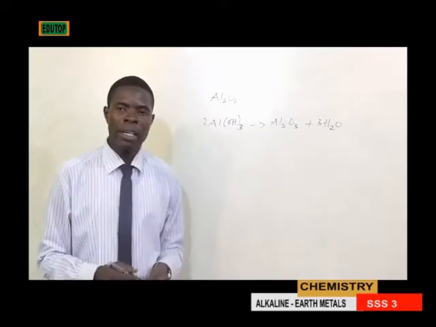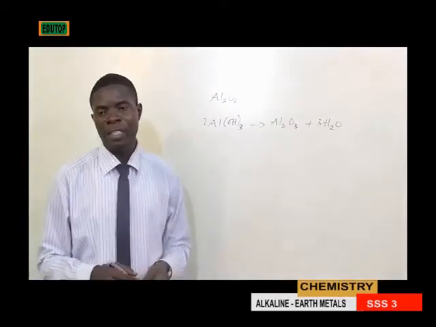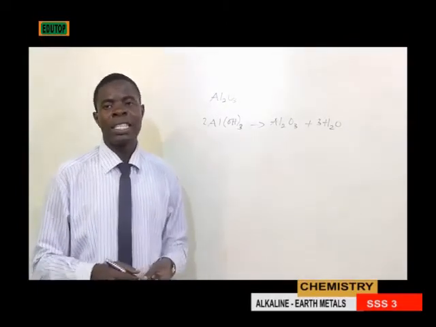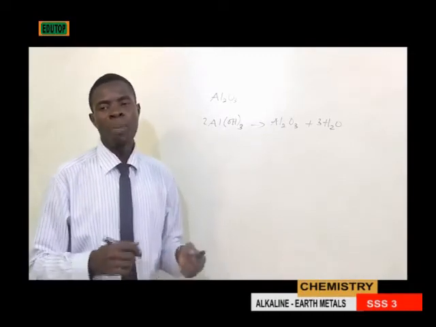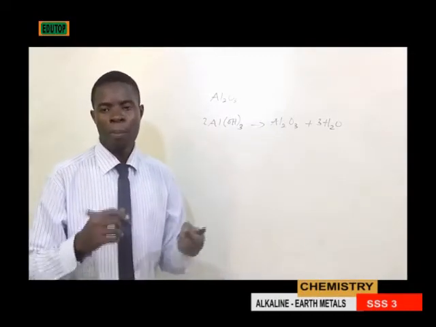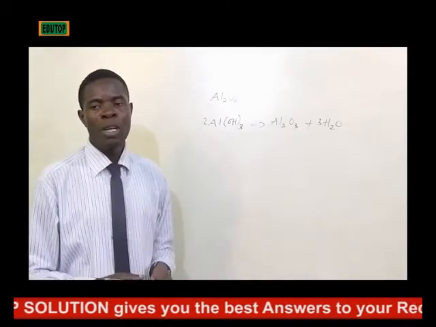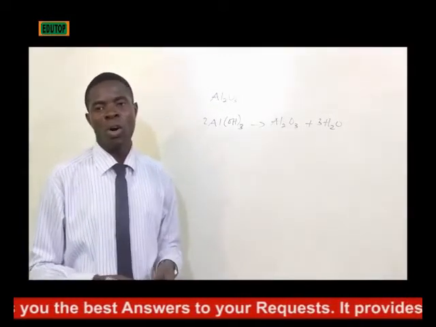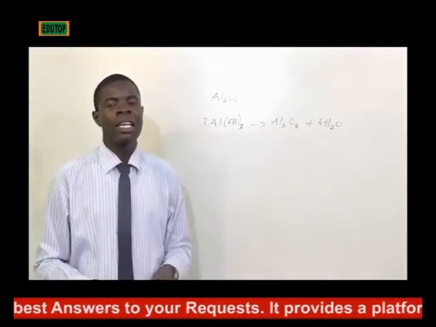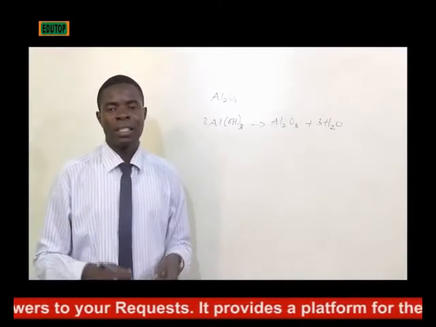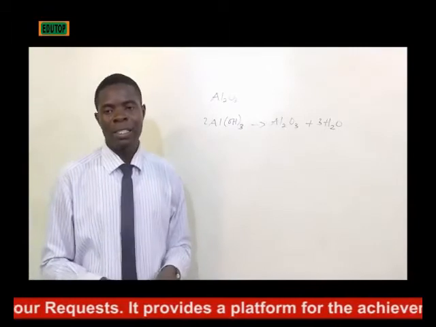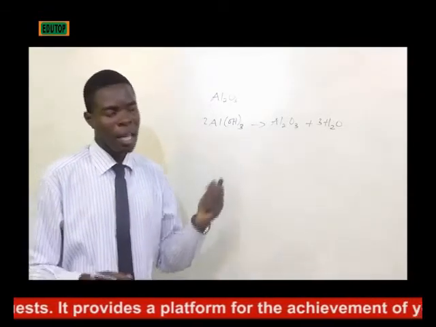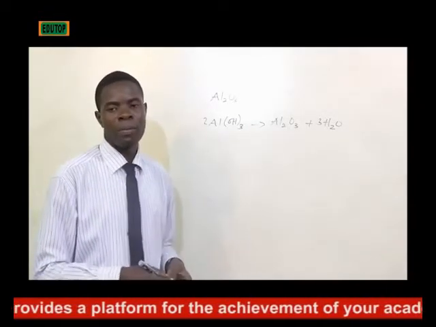When we say amphoteric, amphoteric oxides are those oxides that exhibit both basic and acidic properties. Apart from aluminium oxide, other oxides that are amphoteric in nature are zinc 2 oxide, lead 2 oxide, and tin 2 oxide.